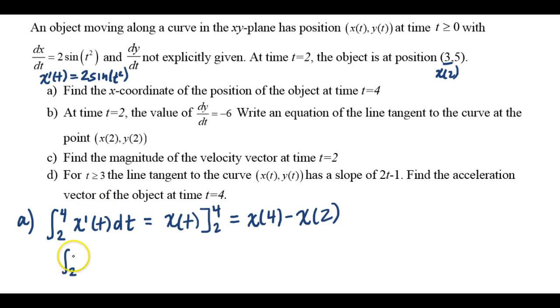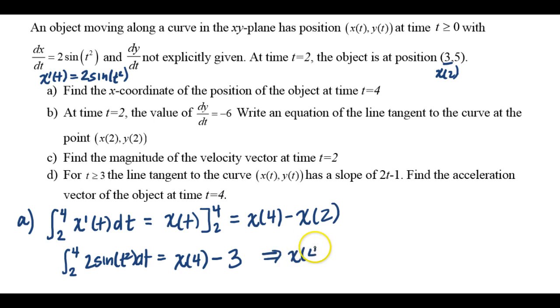So I'm going to rewrite it as the integral from 2 to 4 of x prime of t, that's 2 sine of t squared dt. So this equals x of 4, what I'm looking for, the x-coordinate of the position at time 4, minus x of 2, which is 3. How do I solve for x of 4? I add 3 to the other side.